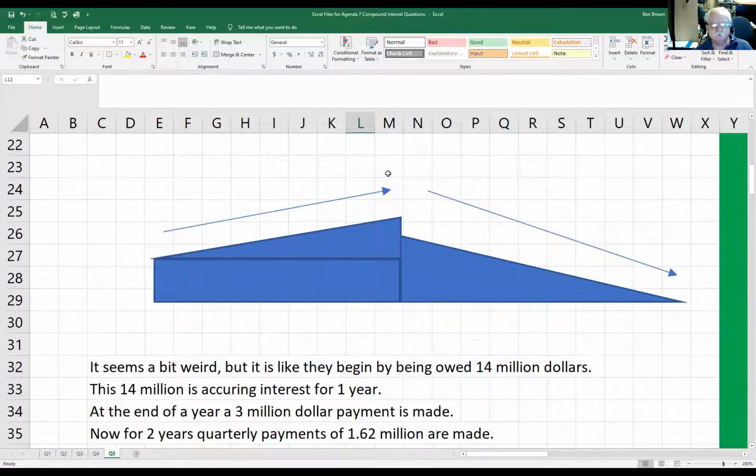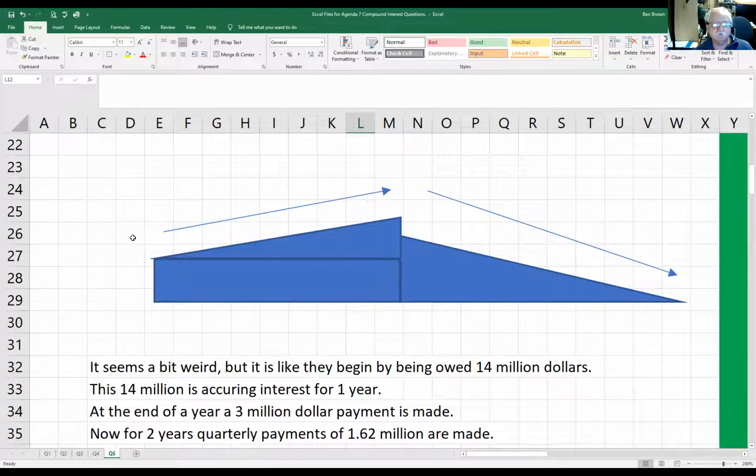Whoever is getting this bridge built is not making any payments on the full value for the first year. After the first year, they make this one-time payment of $3 million, and that's why this jots down here a little. And then they make payments of 1.62 million for the next 2 years. So the diagram here, the logic works.